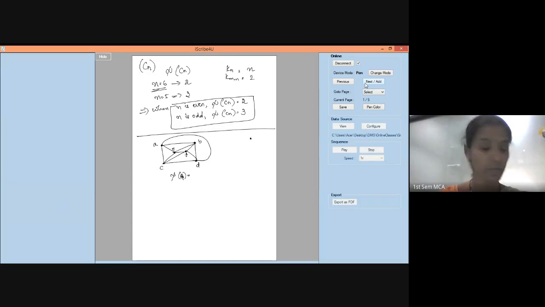One more graph I am writing here. Write down this also. Tell me the chromatic number of these two graphs.